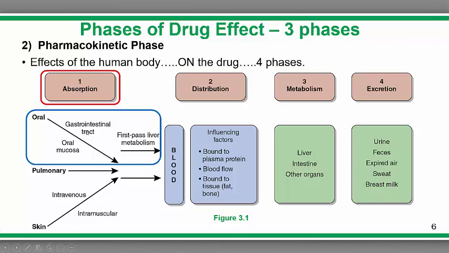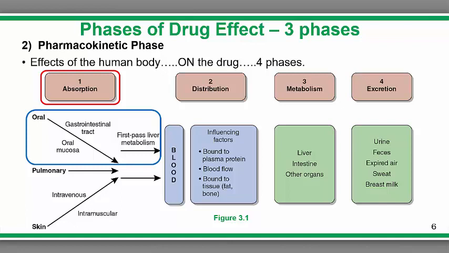But orally administered drugs must go through what's called first pass liver metabolism. The portal circulation between the digestive system and the rest of the circulation must go through the liver first. And so as that occurs, the liver will carry out one of its functions, which is detoxification of the blood.